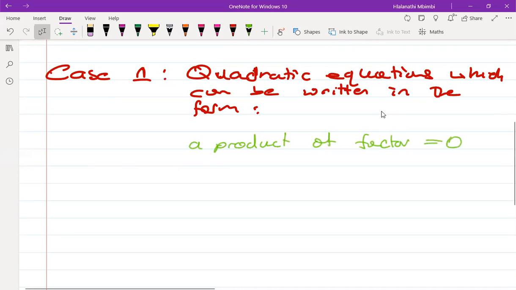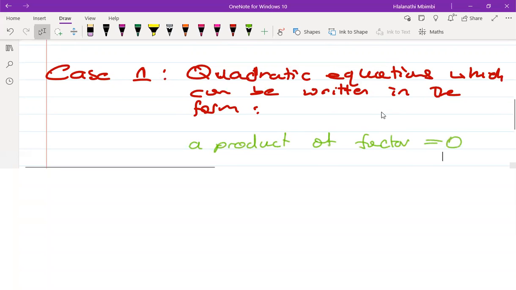Those are the quadratic equations that we'll first deal with.